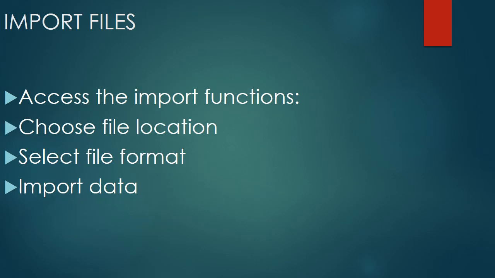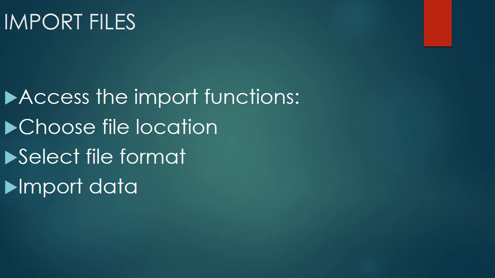How to import files. Access the import function, choose file location, select file format, import data. The first one, access the import function: go to the file menu and select open or import, depending on the application you are using.